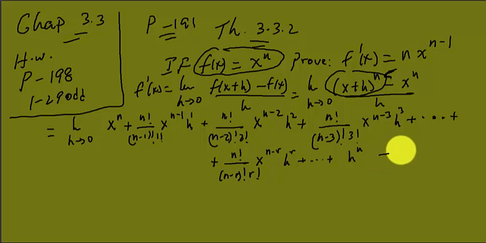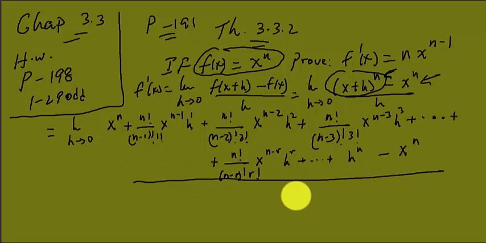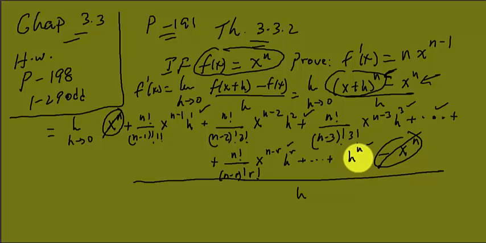And then I have a minus x to the n, which is that part right there, and all that's going to be over h. Now, this is positive x to the n, this is negative x to the n, so they're going to cancel out. Every term that is left, this term, everything in the middle, and the last term, will all have h in them.